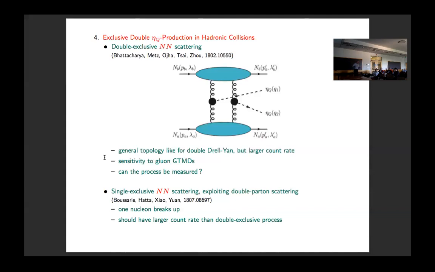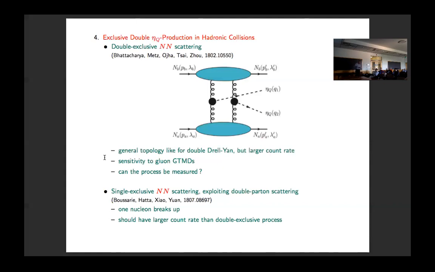So this is really all exploratory, saying that, at least theoretically, we have now identified a few exclusive processes that are sensitive to the transverse parton momentum. I'm not saying that I'm happy with the state of the art, but that's basically it.